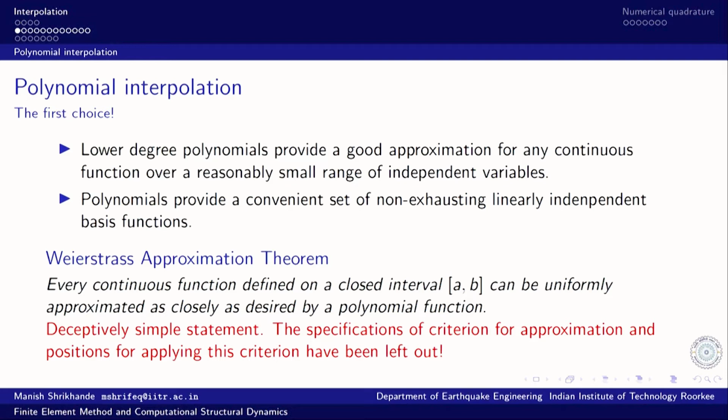But it also does not specify where this criteria has to be imposed, or where I am looking at the approximation. We will come to why this is crucial. We will see in our discussion that this specification is very, very crucial, and that leaves a lot of scope for interpretation and developing suitable approximation.